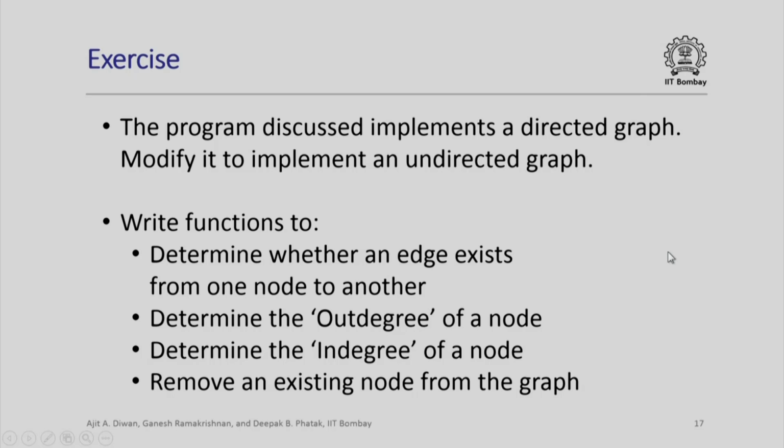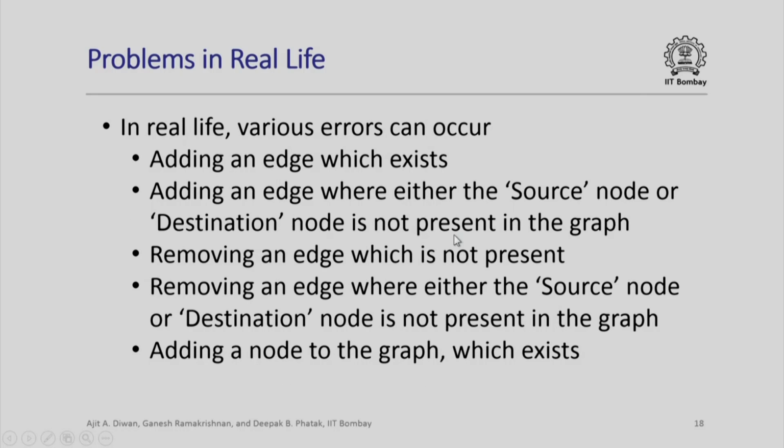Before ending, I would like to point out certain real life issues that may crop up. So far we have assumed that all our input is perfect and correct, and therefore we did not bother to cross check while removing an edge, for example, whether the edge existed or not. In problems in real life, there are various errors that can occur.